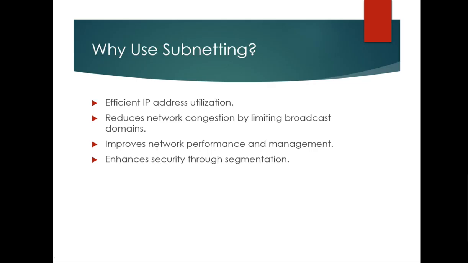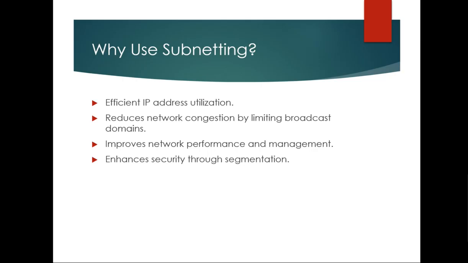So why use subnet masks? In the first slide we saw why subnetting is important, and now how it is useful: efficient IP address utilization, reduced network congestion by limiting the broadcast domain, improved network performance and management, and enhanced security through segmentation.